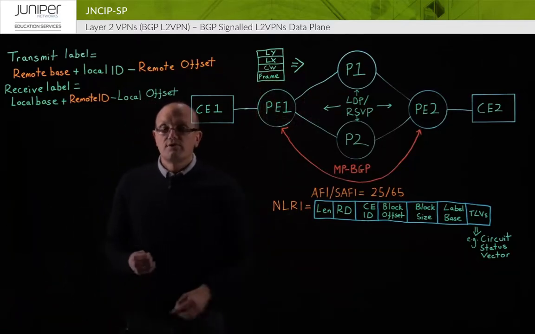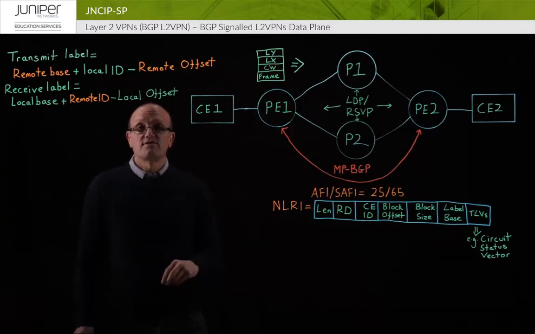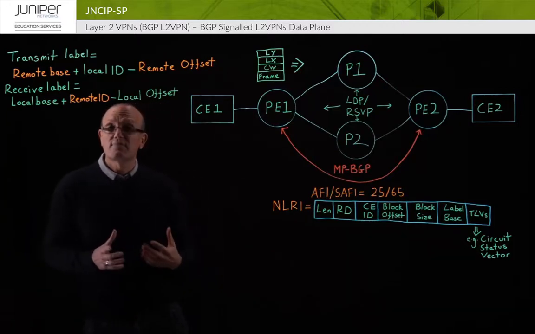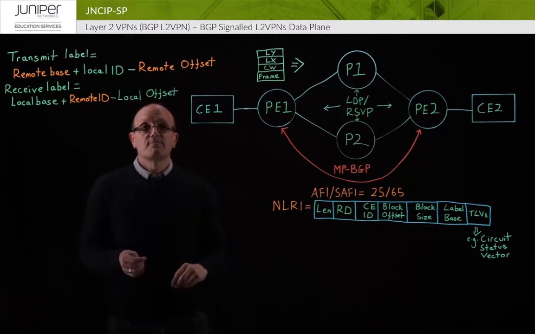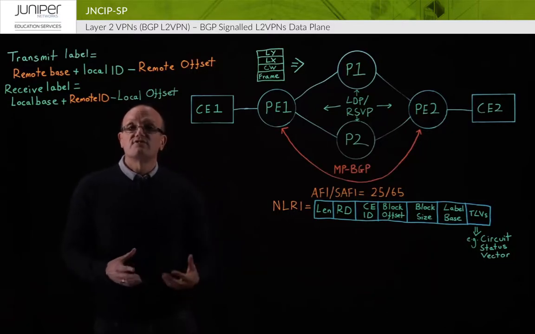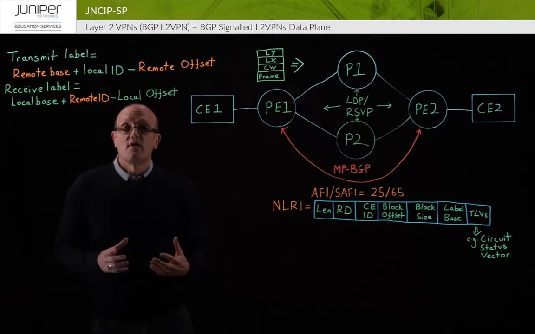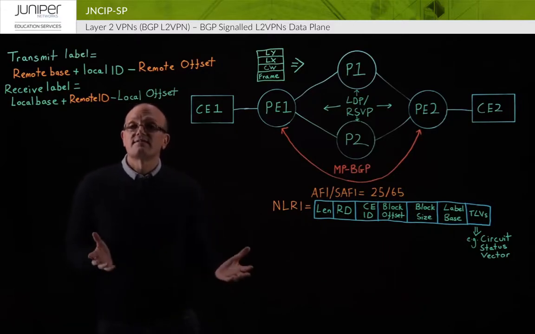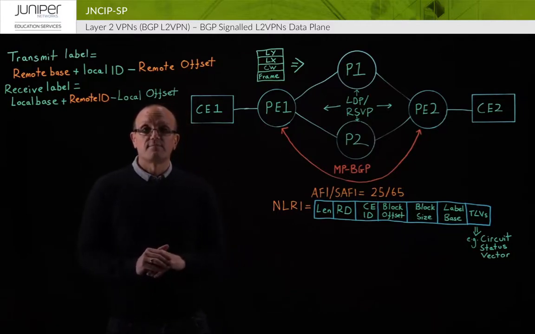The control word is part of this virtual circuit encapsulation process. It's mandatory when the encapsulation of the virtual circuit is, say, ATM or frame relay, because it's there to provide strict sequencing, strict ordering of those packets, because that's important in the encapsulation technique that we're emulating.